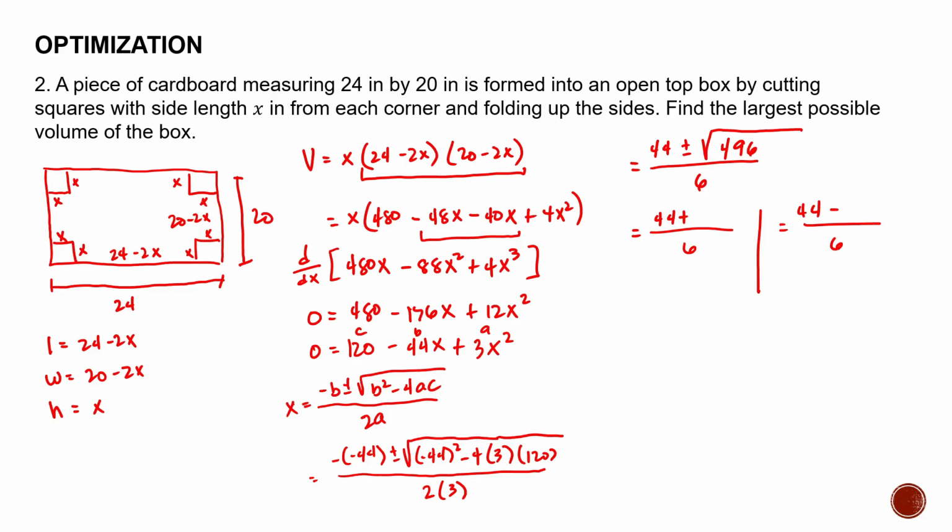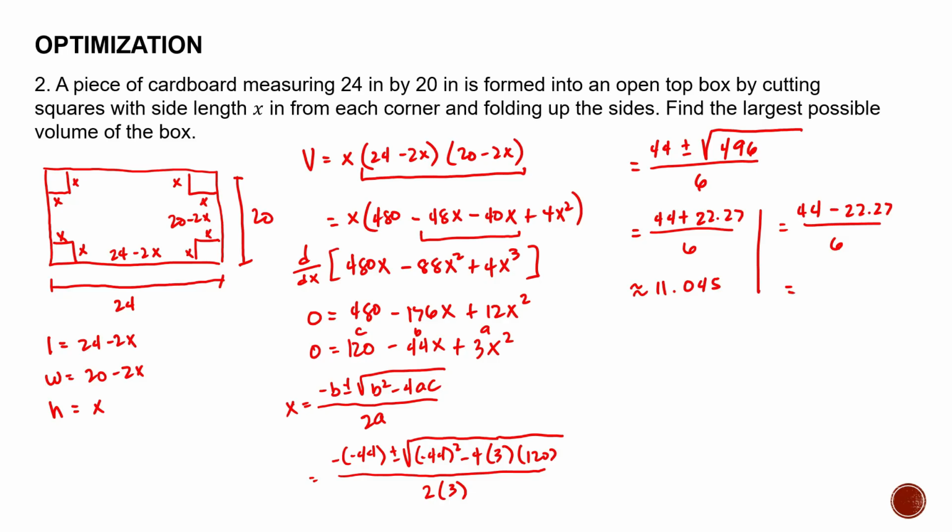Now the square root of 496 is approximately 22.27. Alrighty. So 44 plus 22.27 divided by 6 is approximately 11.045.